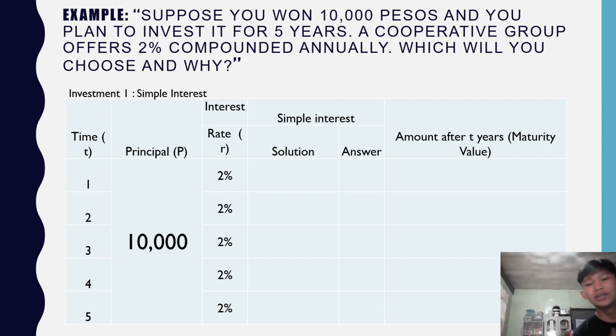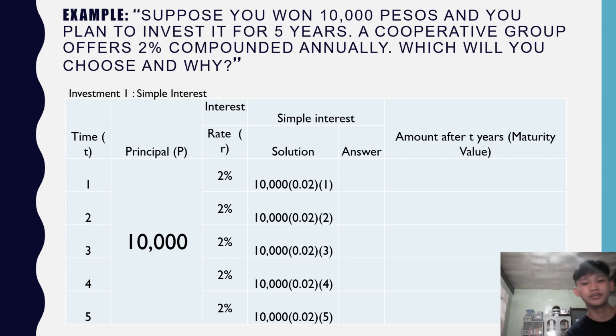Basically, you're just going to use the formula and get the values from it. First of all, you're going to convert the rate into decimal. See what I did here? It's 2% and now it's 0.02. You're going to multiply the principal 10,000, the rate 0.02, and the time, which is 1.